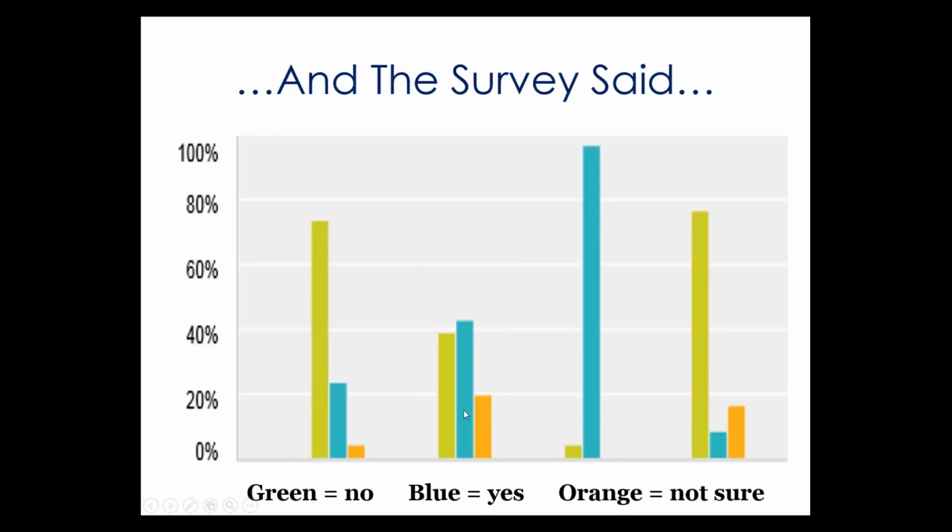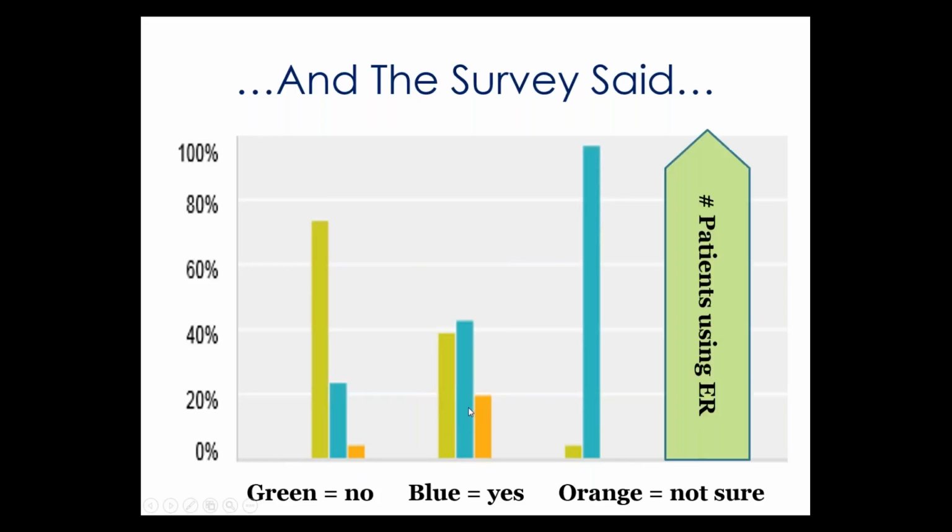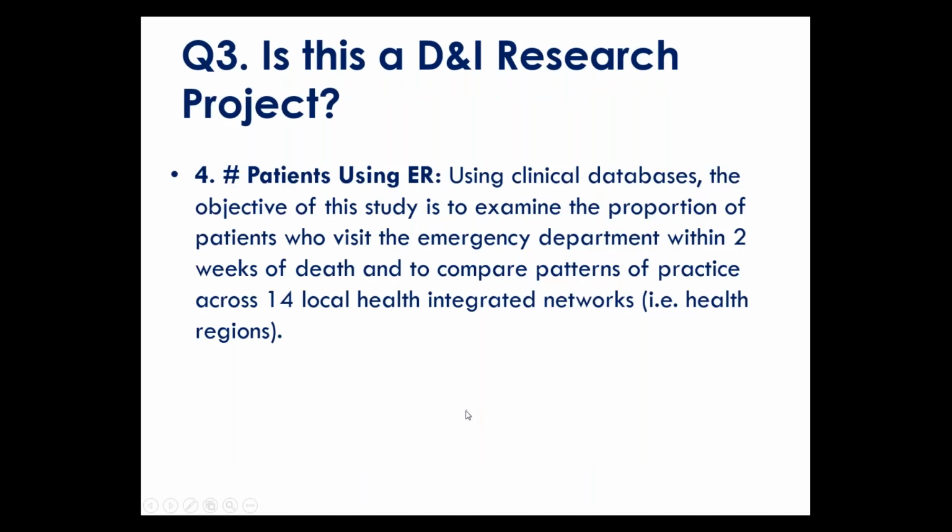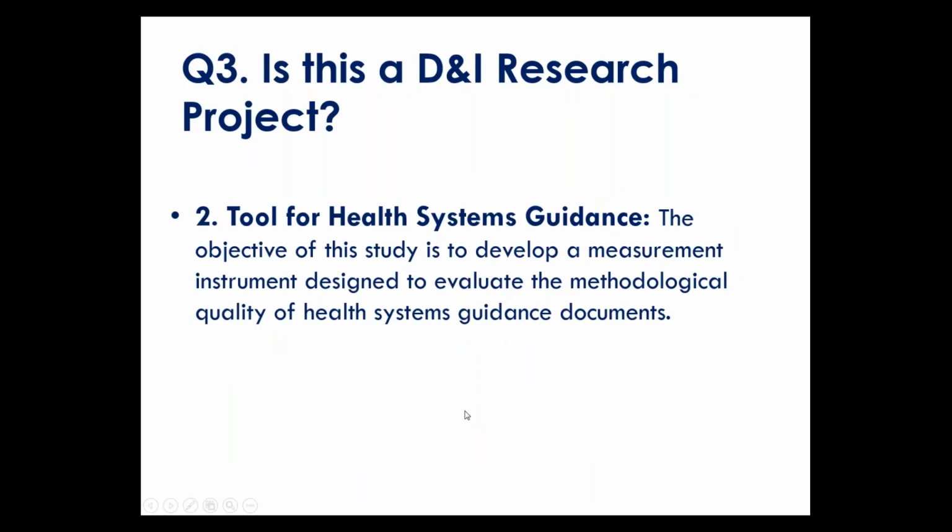So let's look back at the one where people disagreed the most. That's this one. Well, why do we think they disagreed the most? Well, probably a lot of, and I'm going to give you the definitions in a minute, but a lot of the difference with what is a D&I study or not depends on whether there's an evidence-based basis for it, maybe an evidence-based intervention, evidence-based practice.